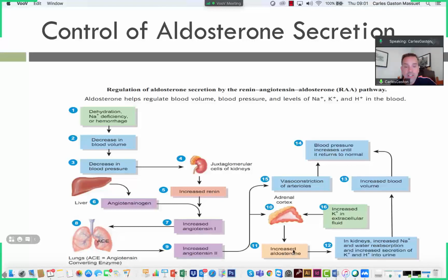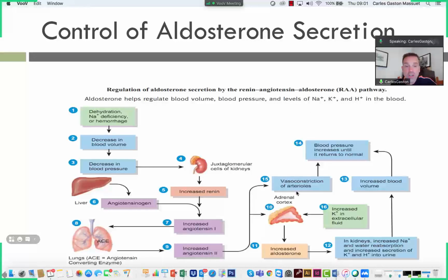And the adrenal cortex increases aldosterone, which has an impact on the kidneys and increases sodium and water reabsorption and increases the secretion of potassium and H into the urine. Okay, so basically it's a homeostatic regulation of the sodium content, the salt in the blood. This increases the blood volume, and then blood pressure increases until it returns to a normal situation. So this is what is known as the renin-angiotensin aldosterone system.